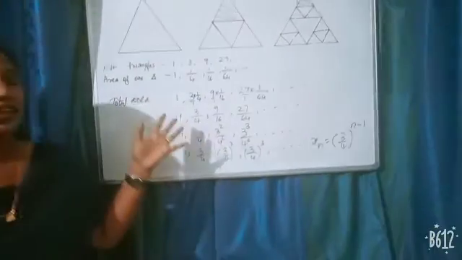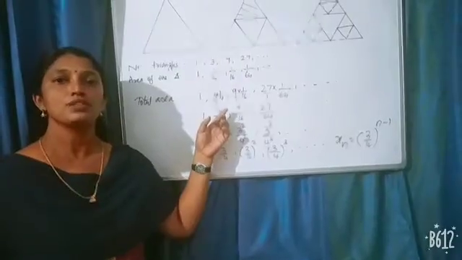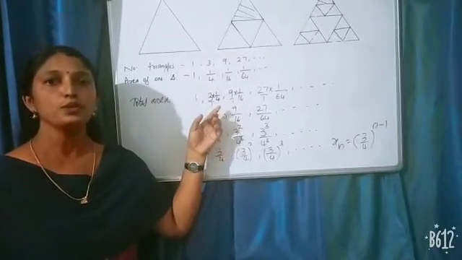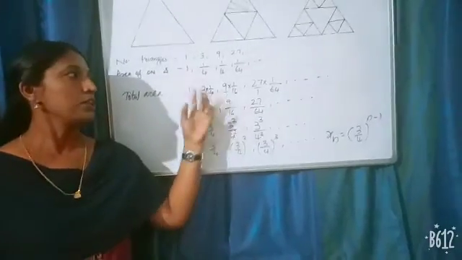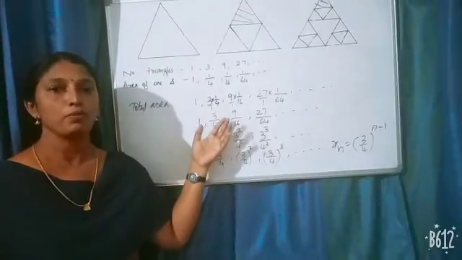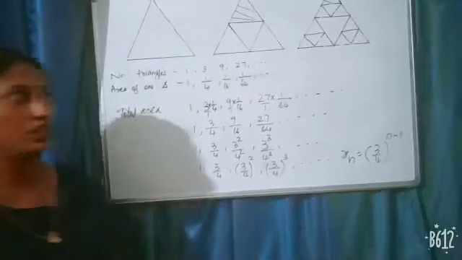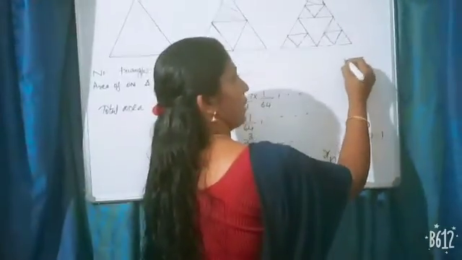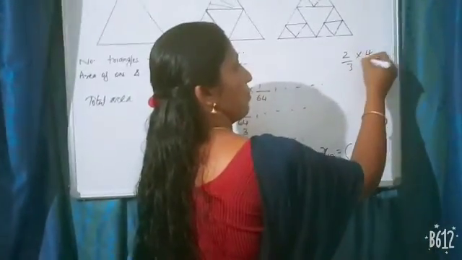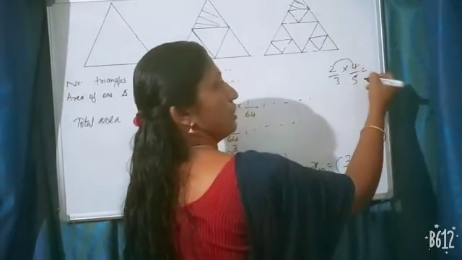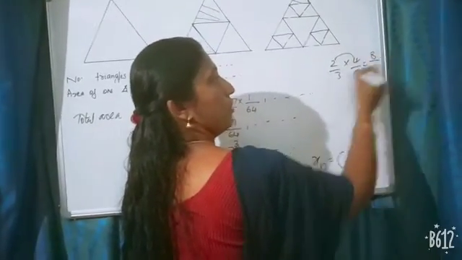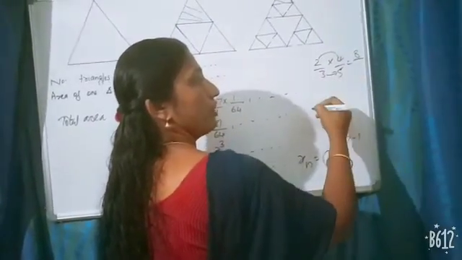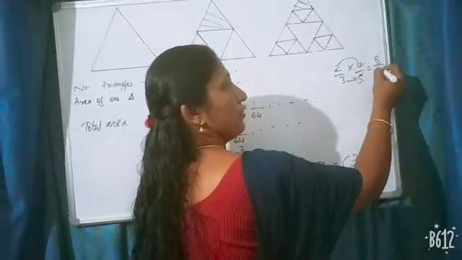And see, here we just applied some basic concepts related to fractions. That's multiplication of fractions. I hope you remember product of two fractions. For example, if we take 2 by 3 into 4 by 5, the answer is just multiply the numerators, 4 into 2, 8, by product of the denominators, 3 into 5, 15.